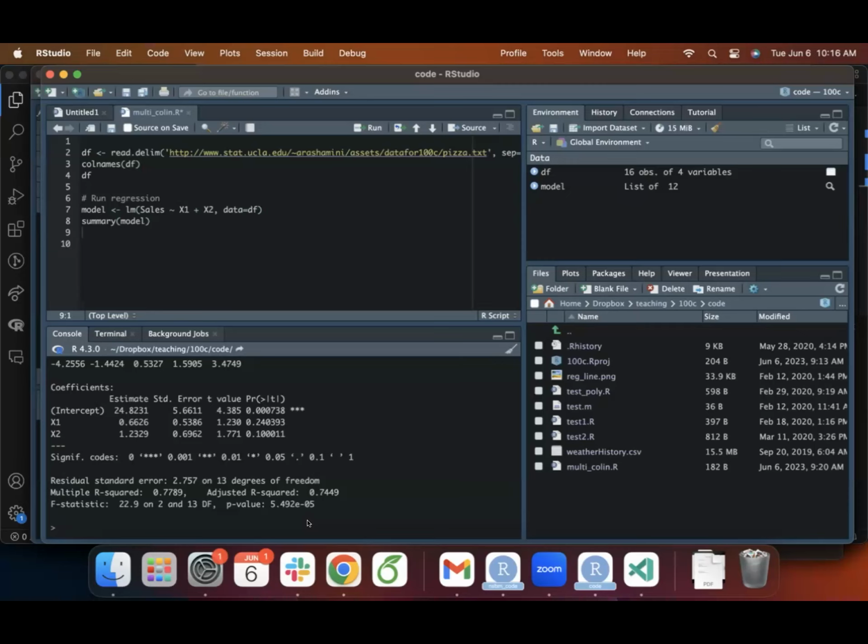Now the question is which one I want to drop. You can keep both, but it's not recommended. Let's say I want to now drop one. Which one do you think it's good to drop based on the information here? X1, why?